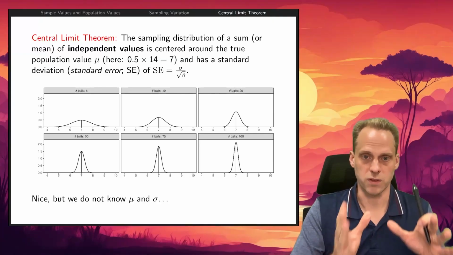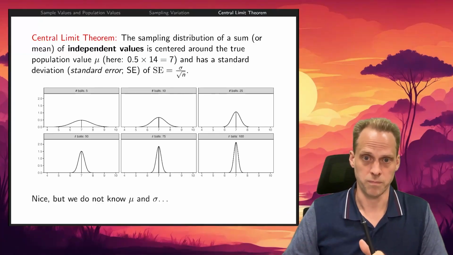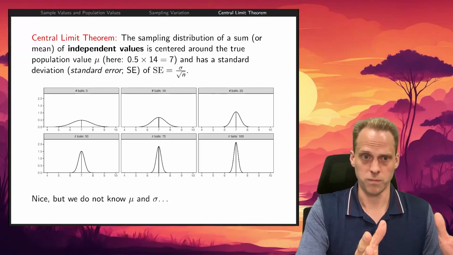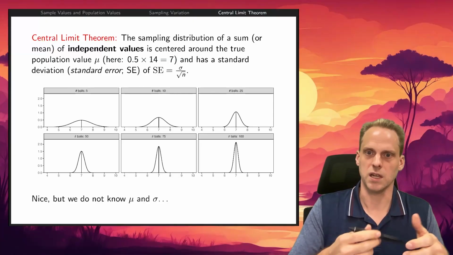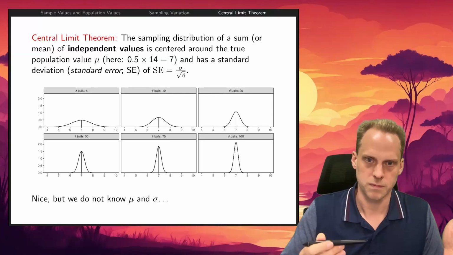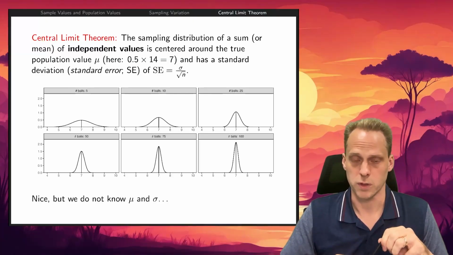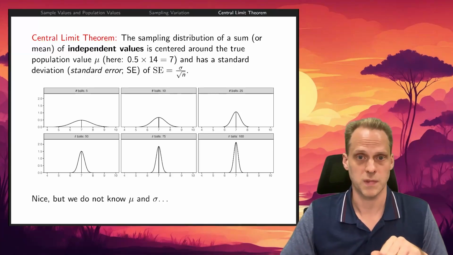And we want to see if the group average of one group is different from the group average of another group. Right, so we have one group, let's say treatment condition, 50 people. You sum all their values divided by 50 to get the average. That is a sum of independent values. Right, and then divided by something that doesn't matter. So this applies to that situation. That's why we're so interested in this central limit theorem.